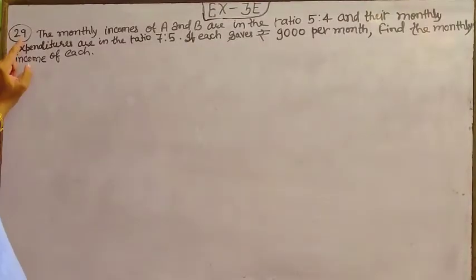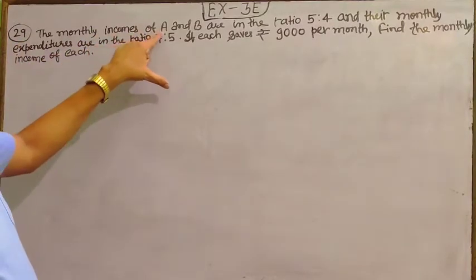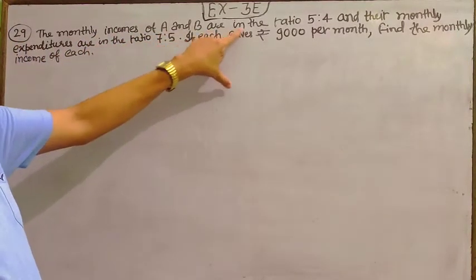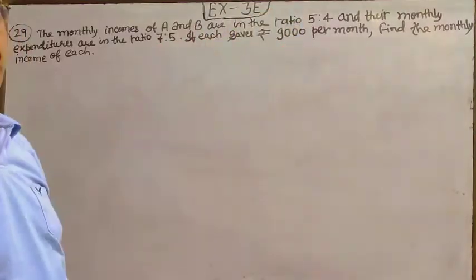Now friends, see question number 29. The monthly incomes of A and B are in the ratio 5:4.